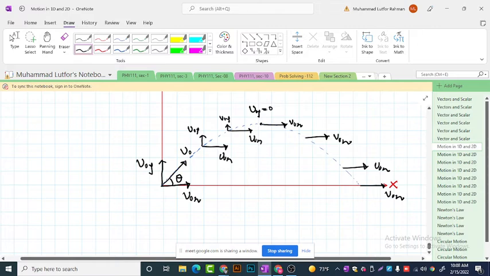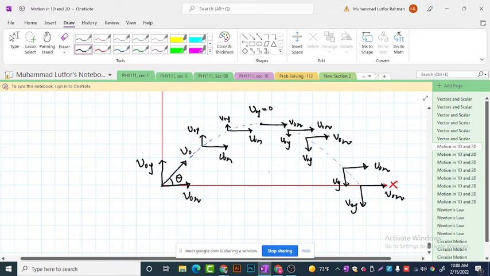So after crossing that point, your velocity would be in the downward direction, v naught y. Say I take another point, v naught x over there. Gradually that velocity v naught y will increase.